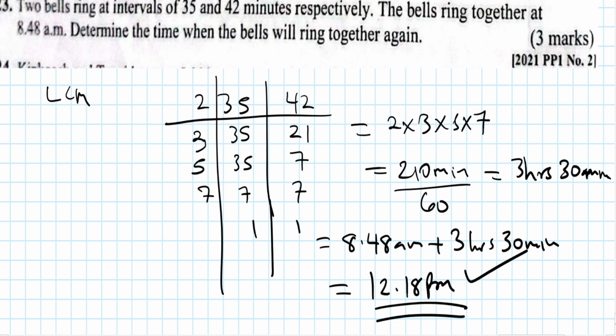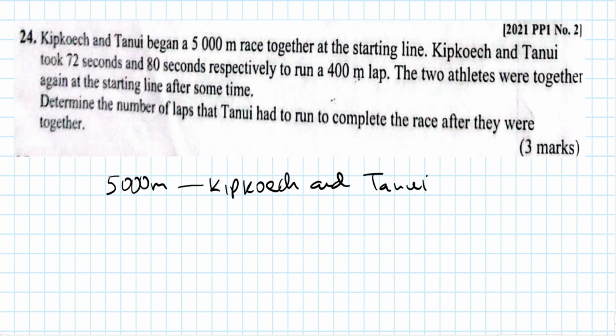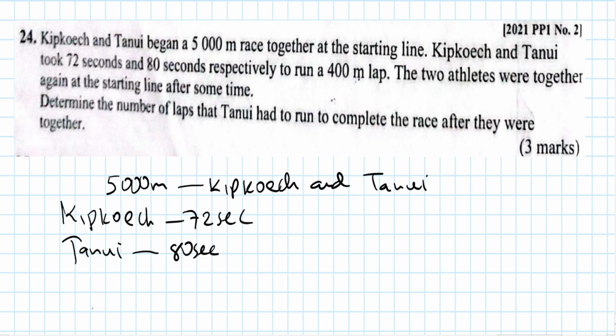Let's go to the other question now. Kipkoech and Tanui began a 5,000-meter race together at the start line. Kipkoech took 72 seconds and Tanui took 80 seconds respectively to run a 400-meter lap.